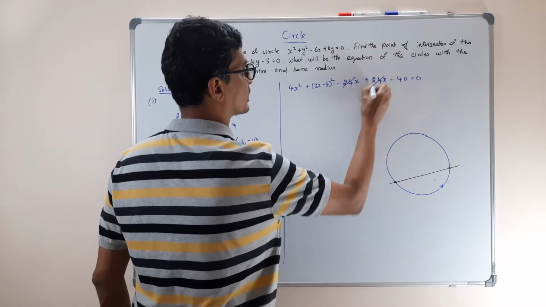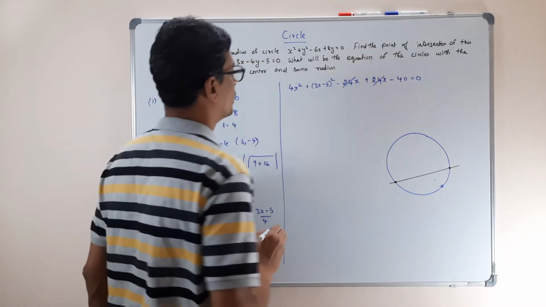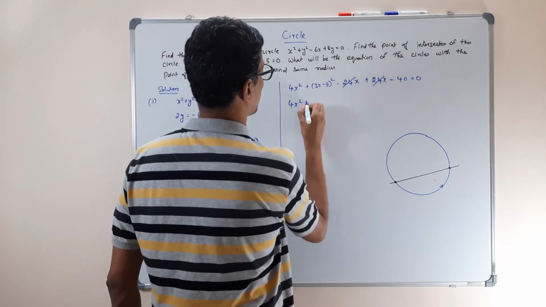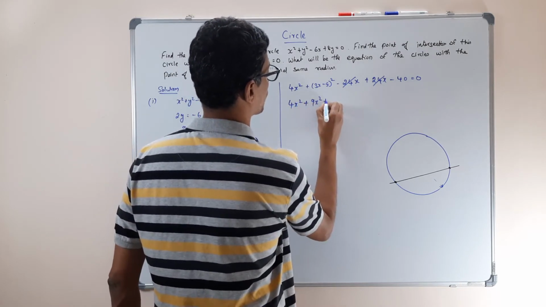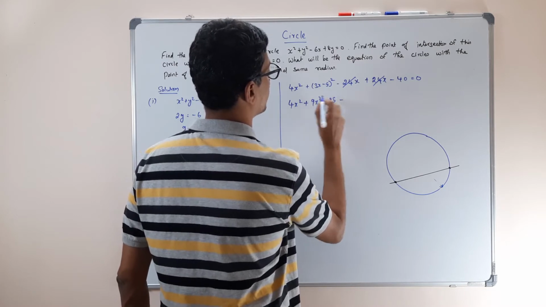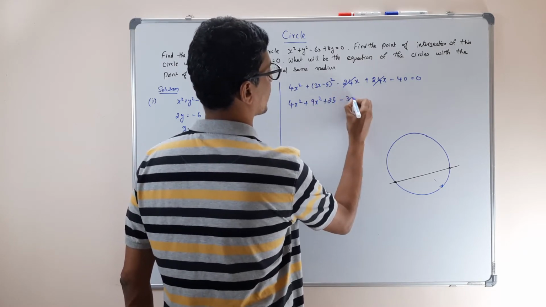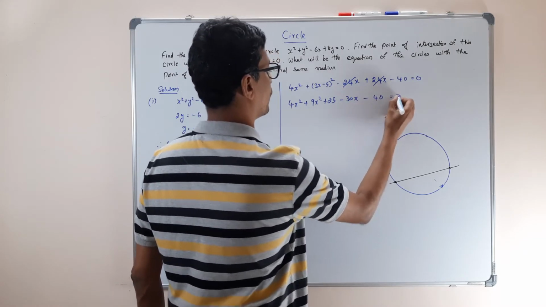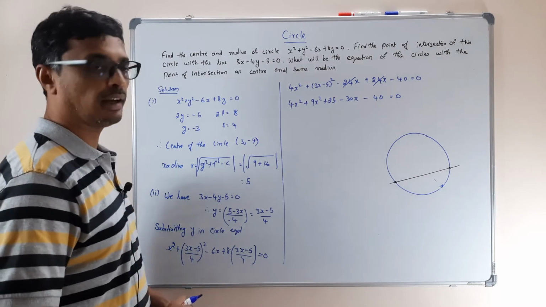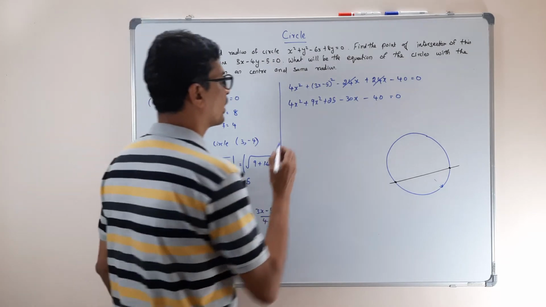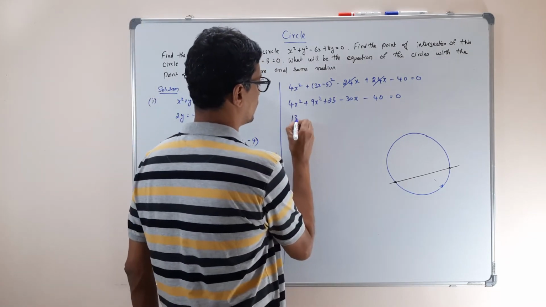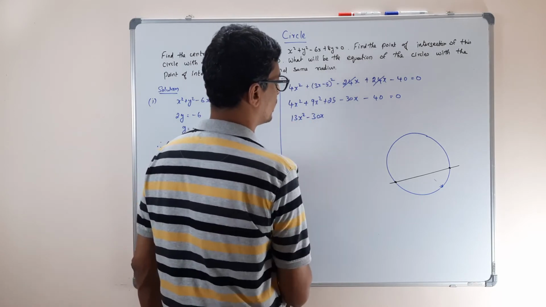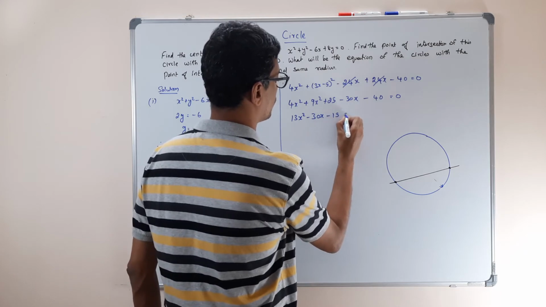So this cancels off. Now we have 4x square plus 9x square plus 25 minus 30x minus 40 equal to 0. So this will be 13x square minus 30x minus 15 equal to 0.